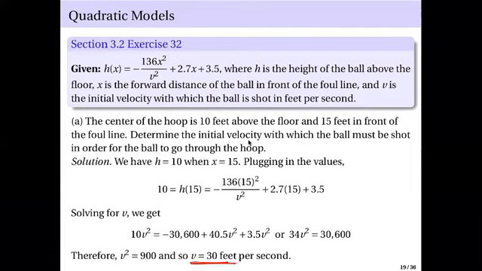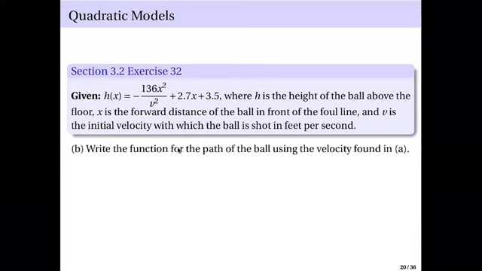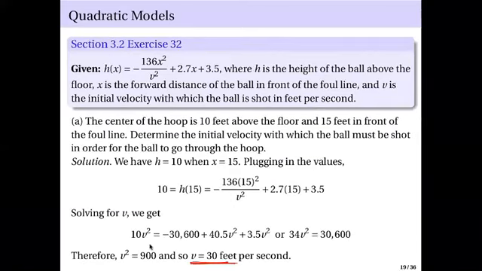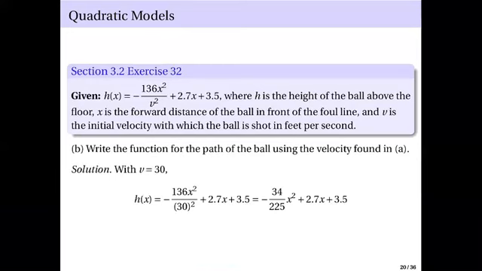Next part, we write the function for the path of the ball using the velocity found in A. So like I said, you already have your v squared equals 900. So you just replace this v squared here by that 900. And therefore, you'll just have this.